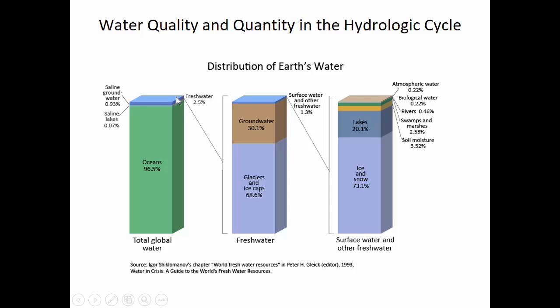And of that fresh water, we're not able to use the majority of it, because the water in the glaciers and the ice caps is permanently tied up and bound and far from human civilization and establishments. Even of the groundwater, much of it is too deep to pump. And so the water that we rely on is mostly groundwater that's less than a kilometer from the Earth's surface, and then surface water, like lakes.